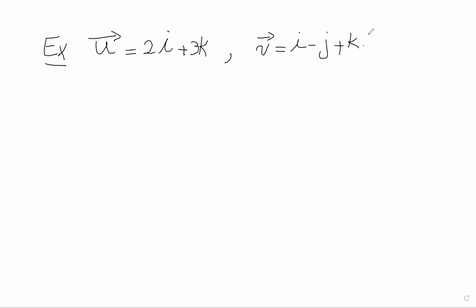Or if I wanted to give it in the other notation, 2i plus 3k would be the vector 2, 0, 3, because we don't see j, meaning that its coefficient is 0. And the coefficients here are 1, minus 1, and 1. So we have two parts.